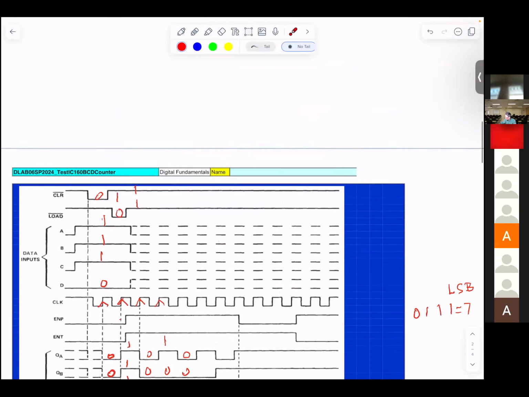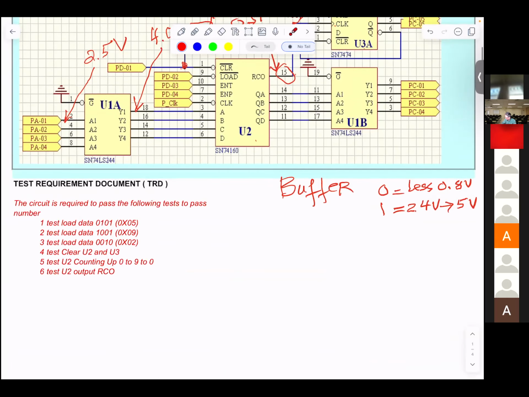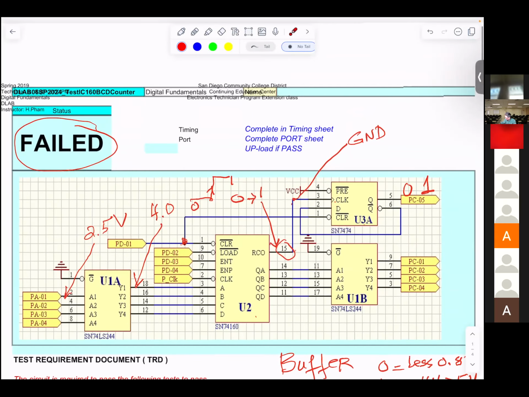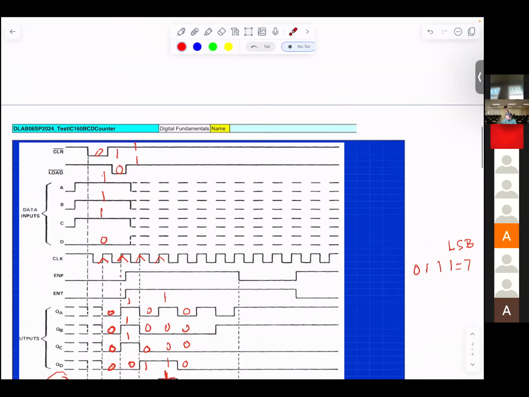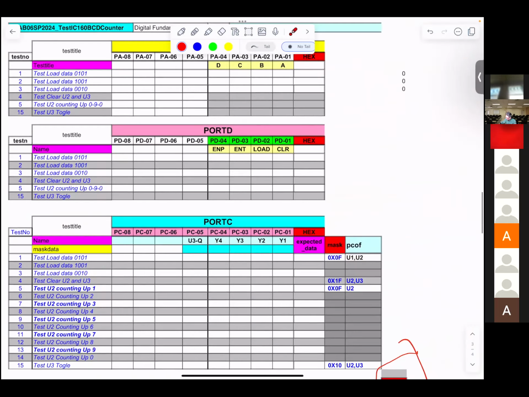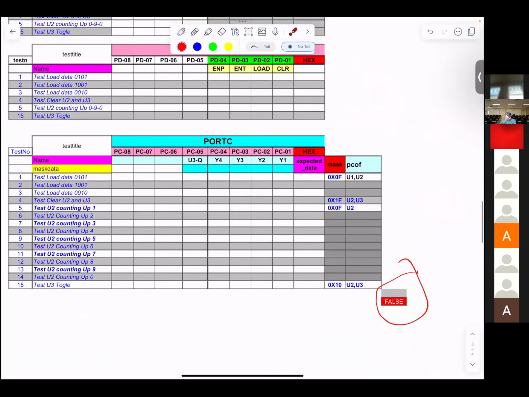So if you short this to route, I guarantee you have no clock coming here. The thing is, they are supposed to be 0, then go to 1. However, we shorted to route, so they cannot go. So the output was 0 and now is still 0. So the test that fails will be test number 15.